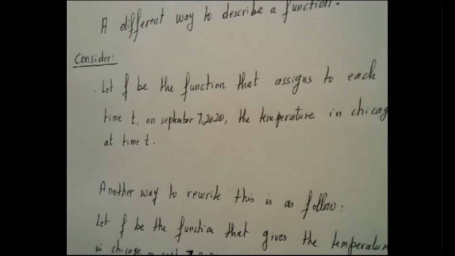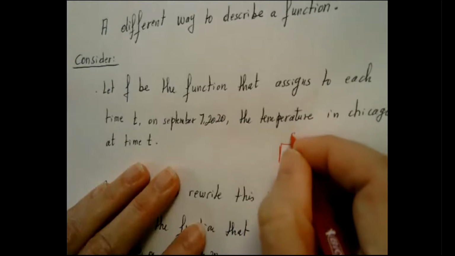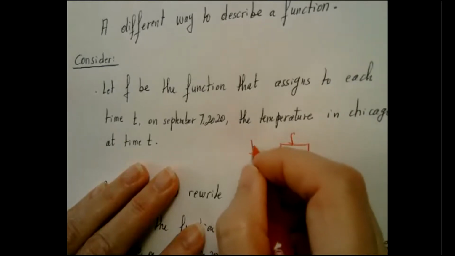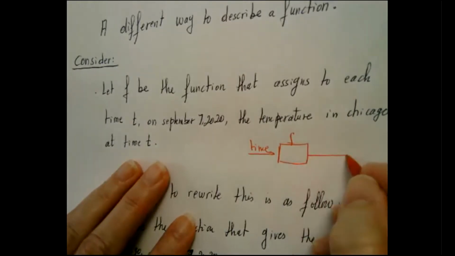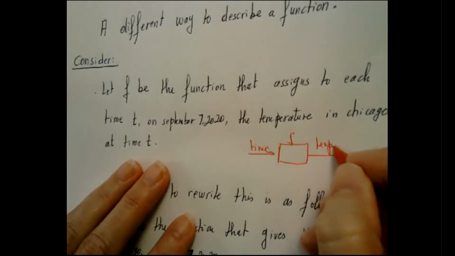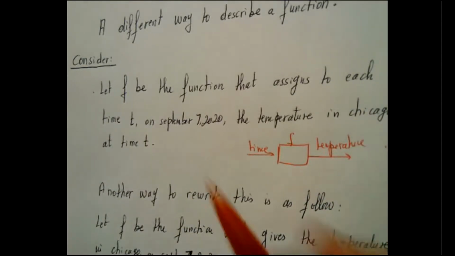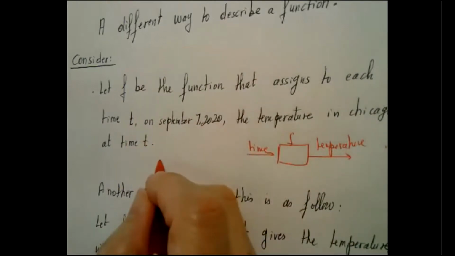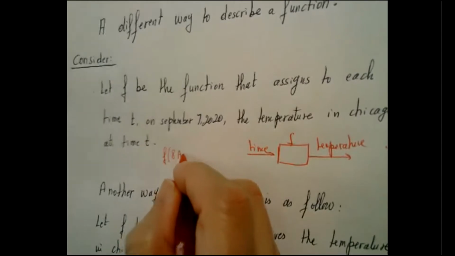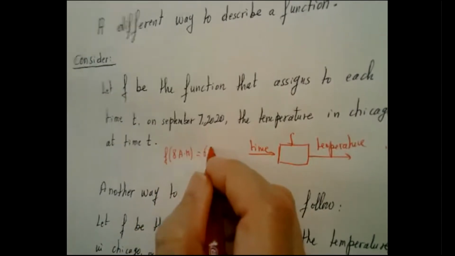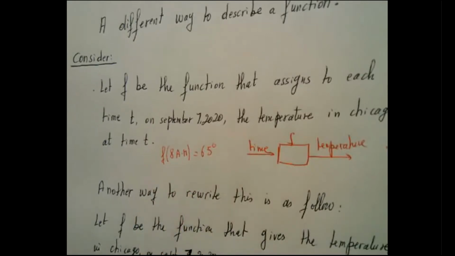So here I have a rule, it's my f: you give it the time of the day, and my rule gives me the temperature at this time. Okay, so this is really my rule. Suppose I tell you f of 8 a.m. equals 65. It means that at 8 o'clock in the morning, the temperature is 65 degrees.